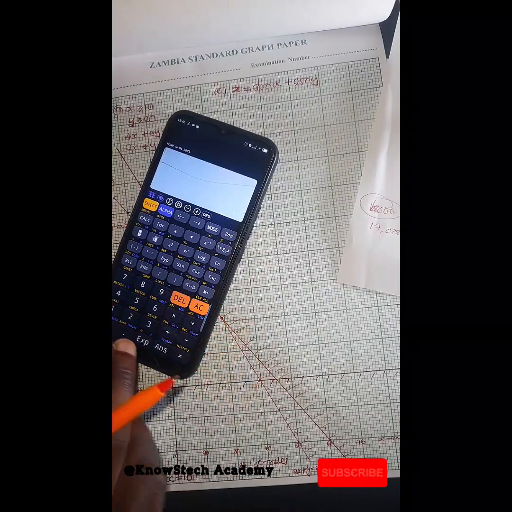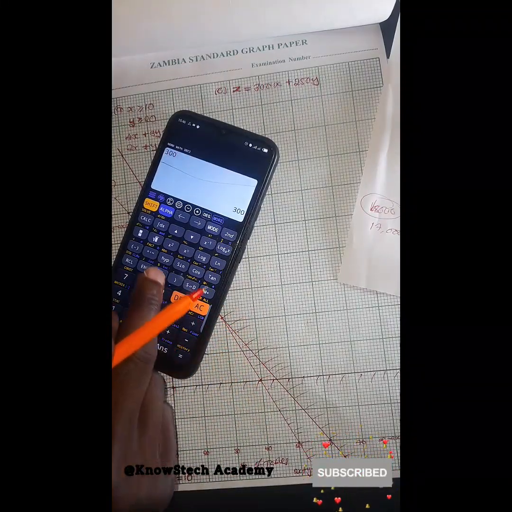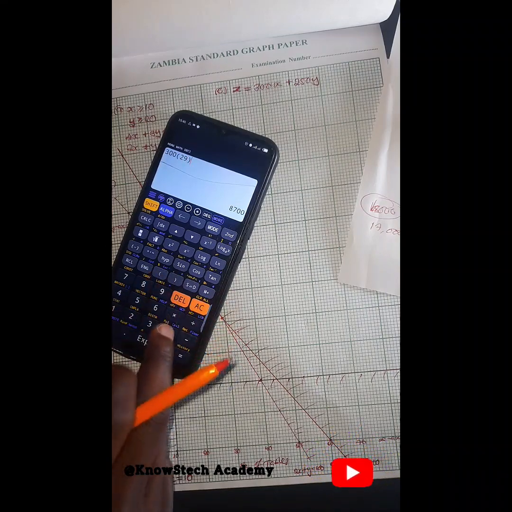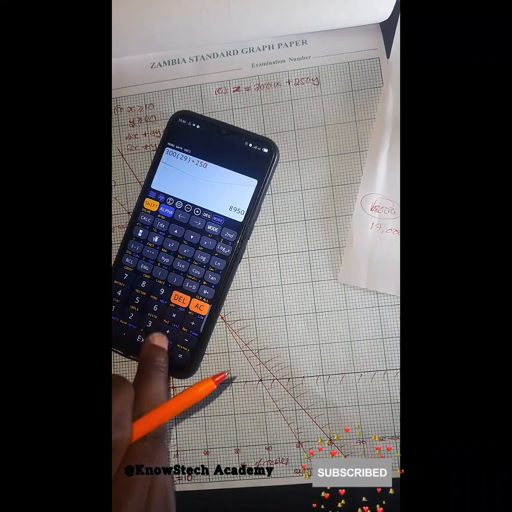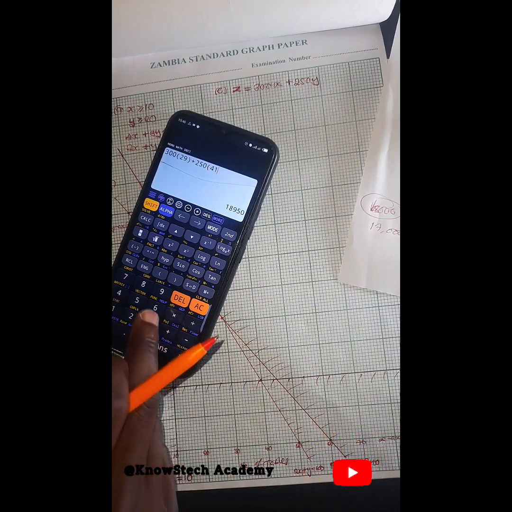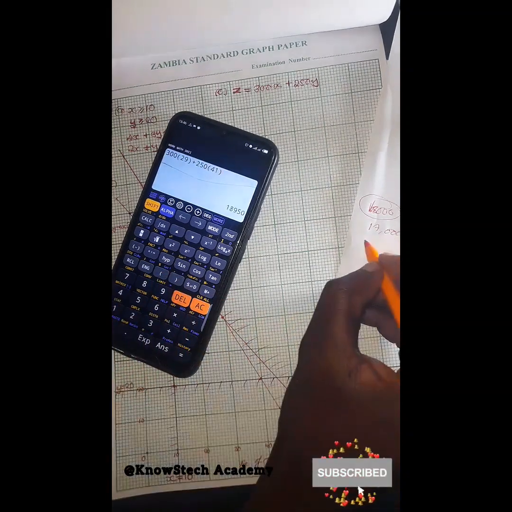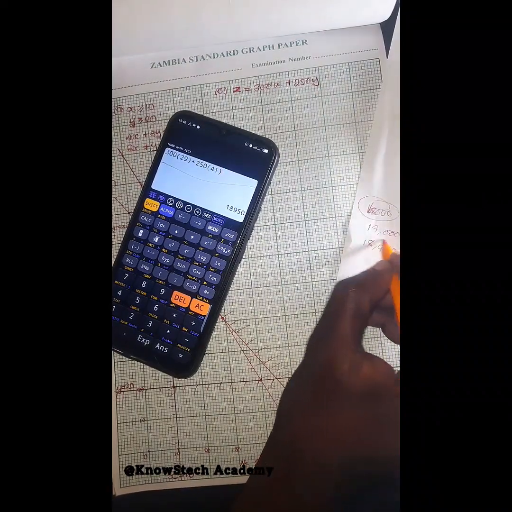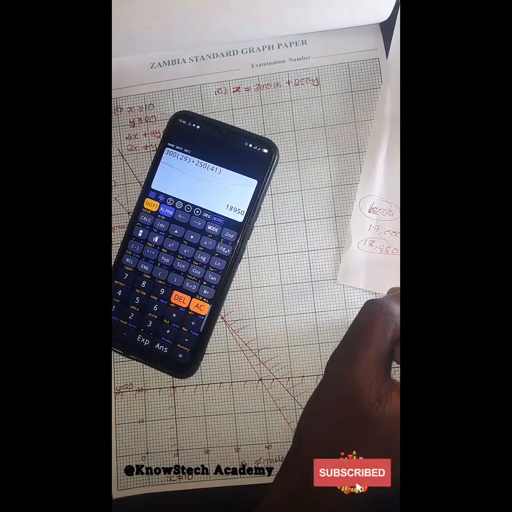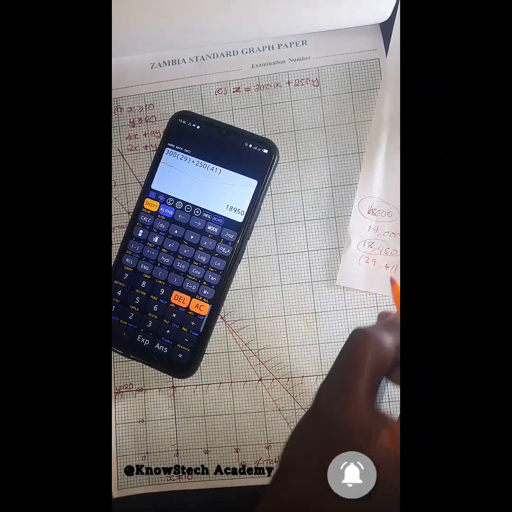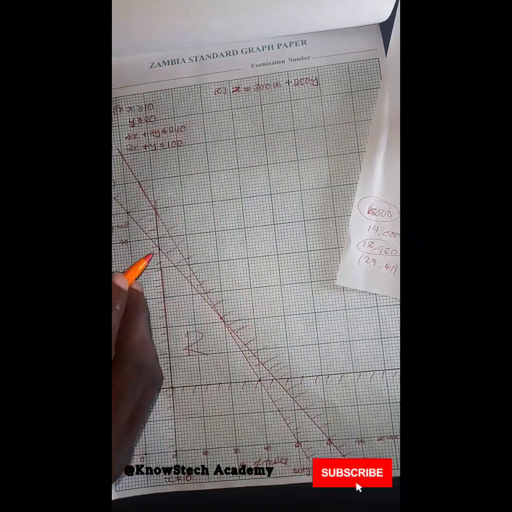So 300 times 29 plus 250 times 41, we're getting 18,950, which is also bigger than the previous one. Here we've used 29, 41. Okay, let's test the last one, which is here.